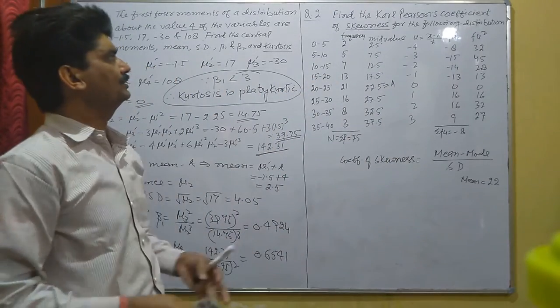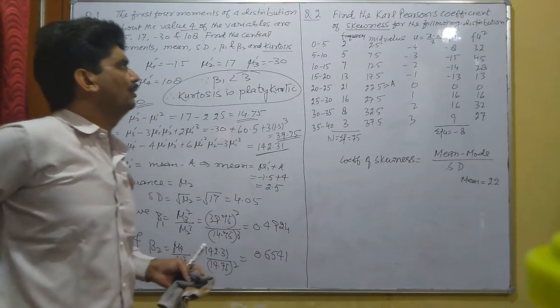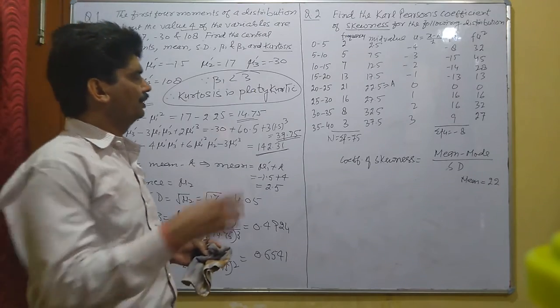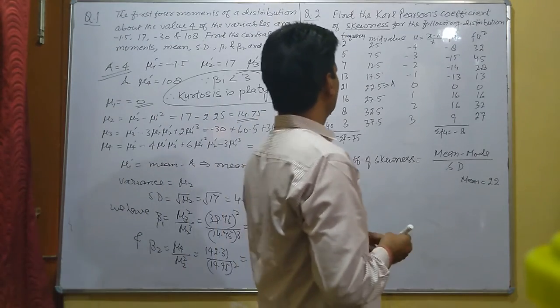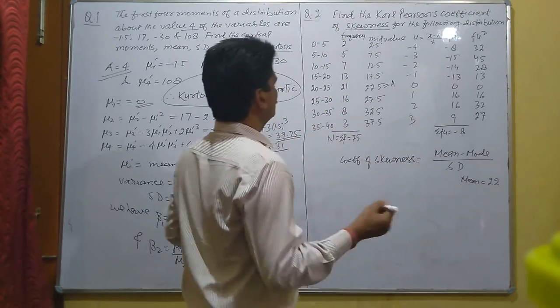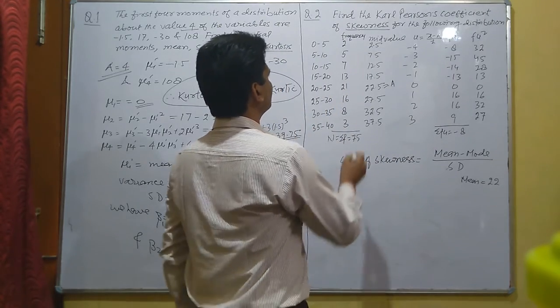since it is a group distribution, to find mode we find the modal class, and the modal class is the one which has the greatest frequency, which is 21.